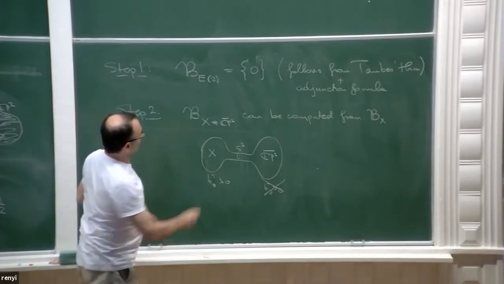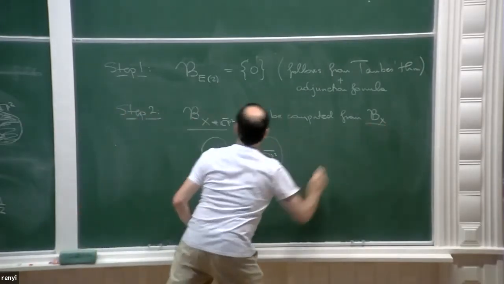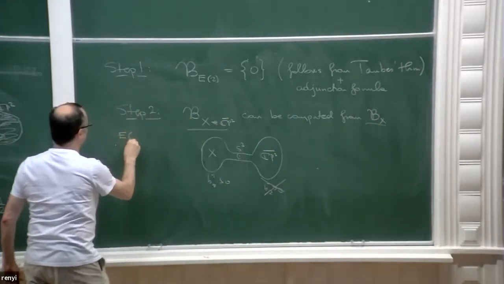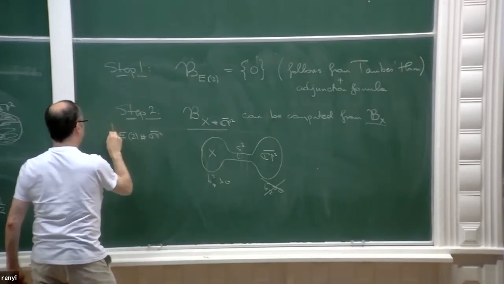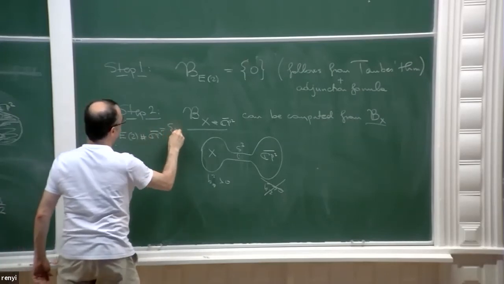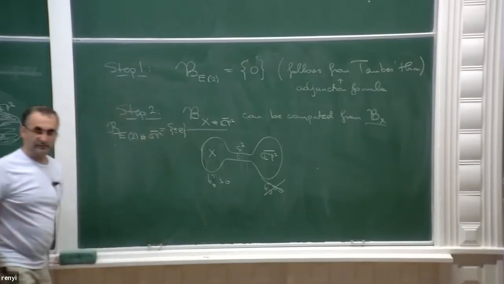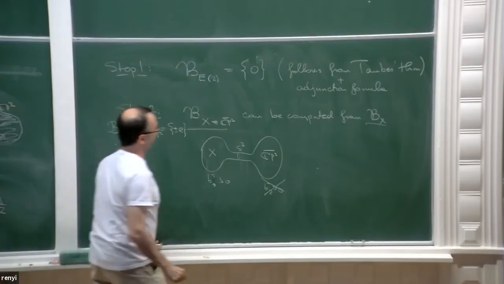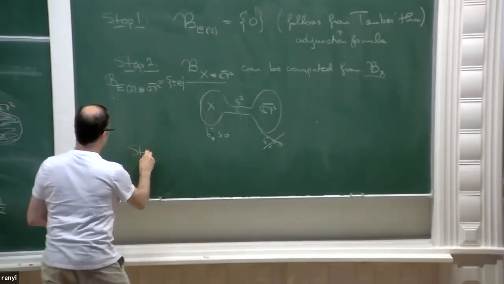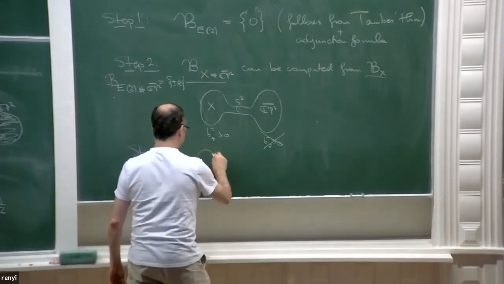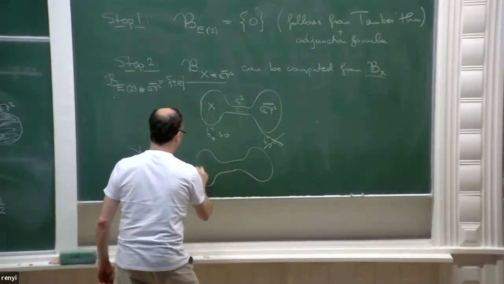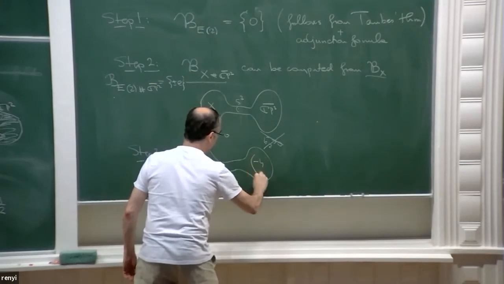So this statement tells us that E2 blown up will have two basic classes, plus or minus E. And now comes the third step, where we do the same, but now we pull away the -4 curve.